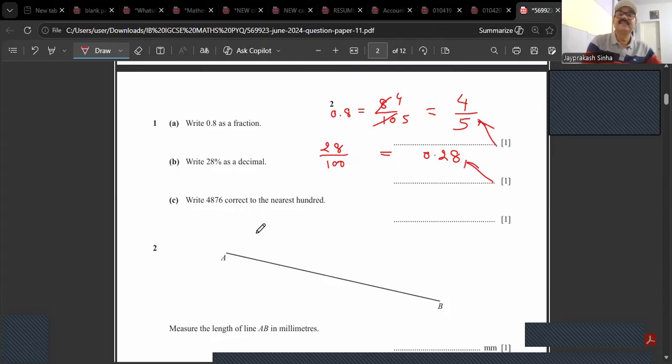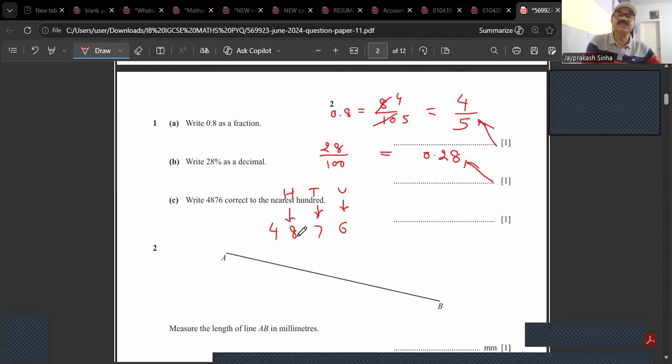Now, write 4876 correct to the nearest 100. This is 4, 8, 7 and 6. This is the units place, this is tens, and this is hundreds. We have to write to the nearest 100, which means after the 8, all the digits should be 0.